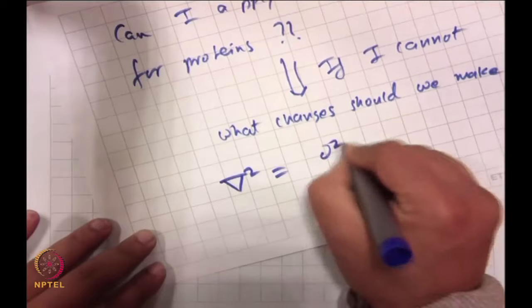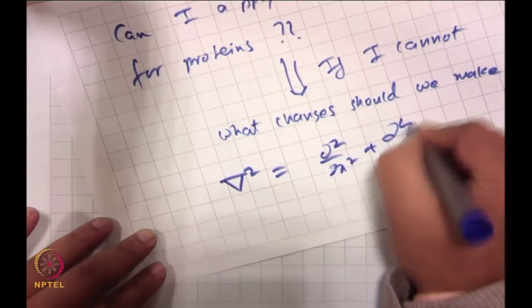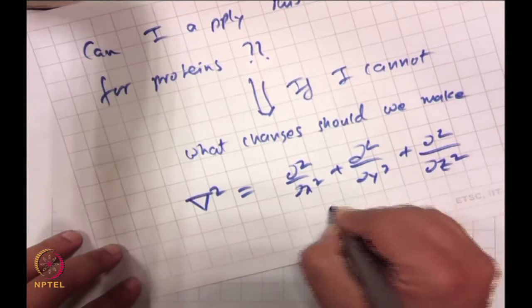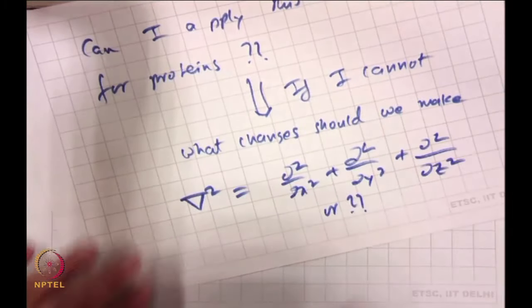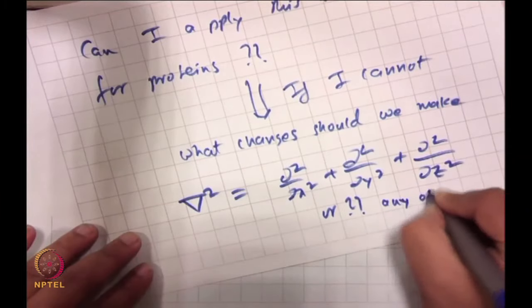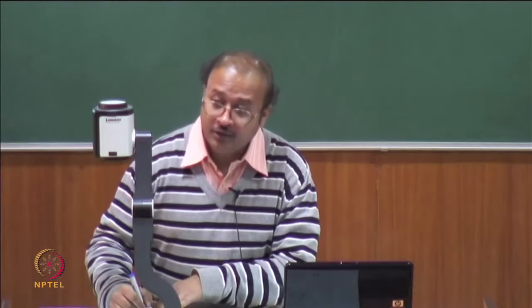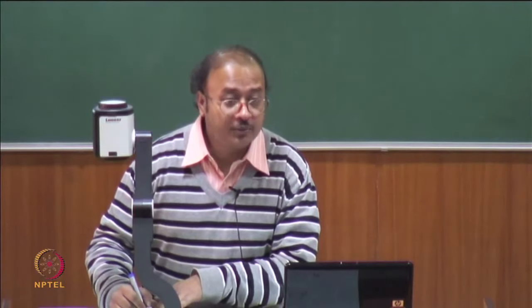Should I write it as this, or any other form? What do you write it as? Yes, spherical. It is spherical polar coordinates. Why?